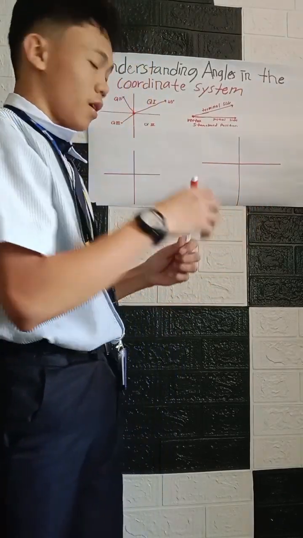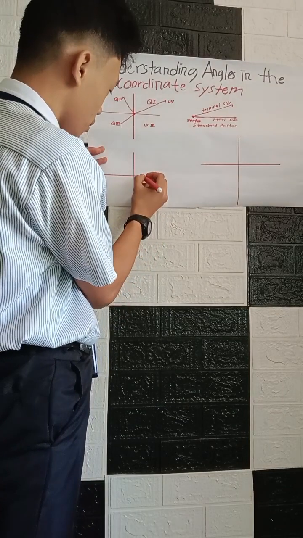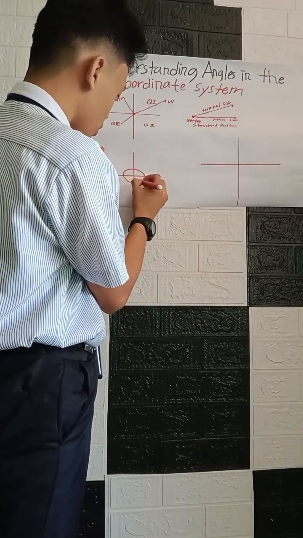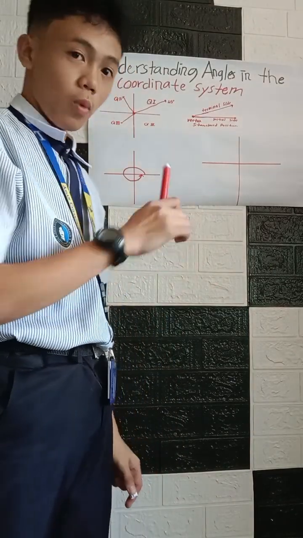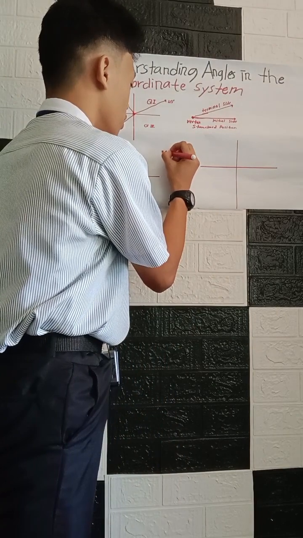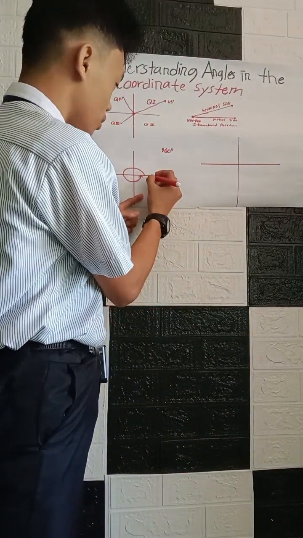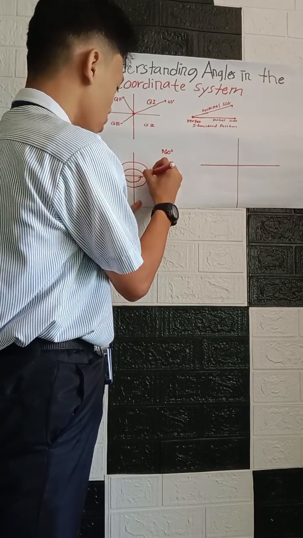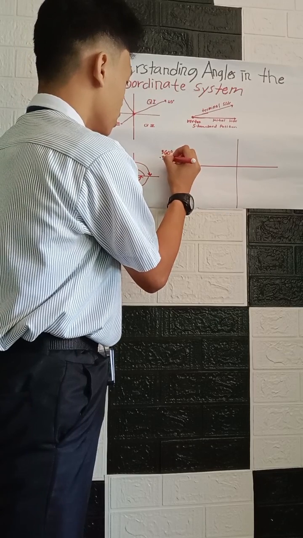So, in our coordinate plane, one counterclockwise rotation is measured as 360 degrees, and one clockwise rotation is equal to negative 360 degrees.